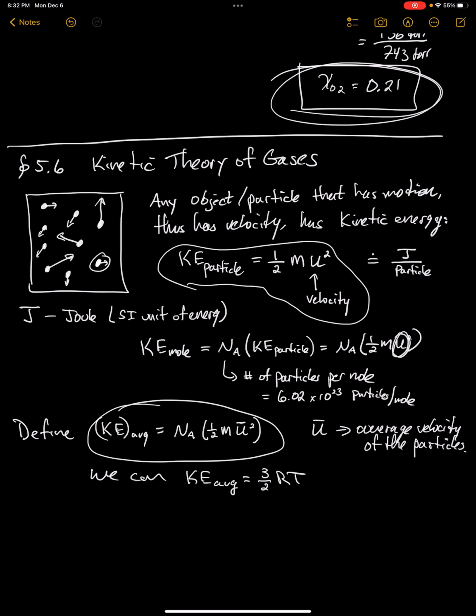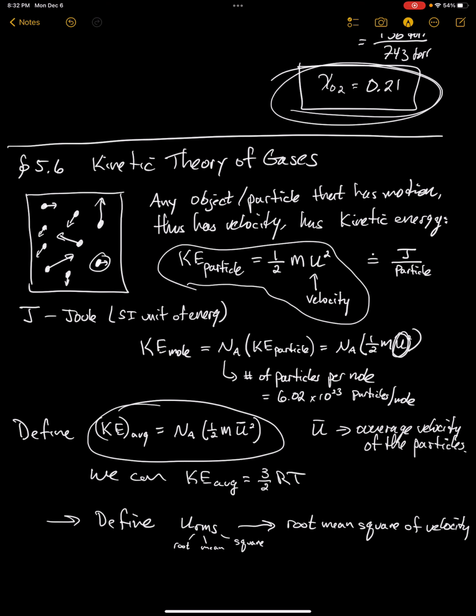And now we're going to take a quick segue, and we're going to define another concept, which we call the root mean square velocity, or u sub RMS. So that RMS stands for root mean square. Okay? So this u_RMS is the root mean square of velocity.